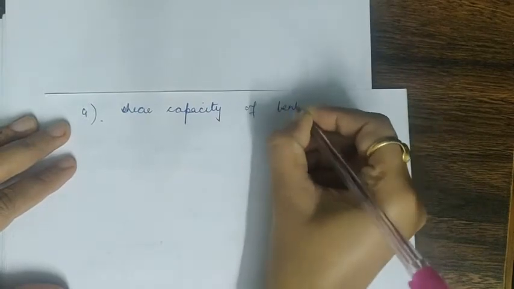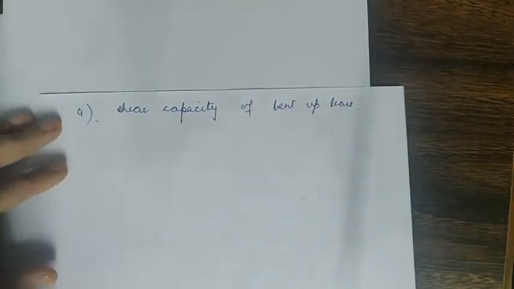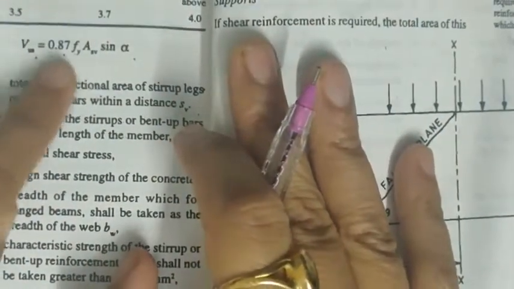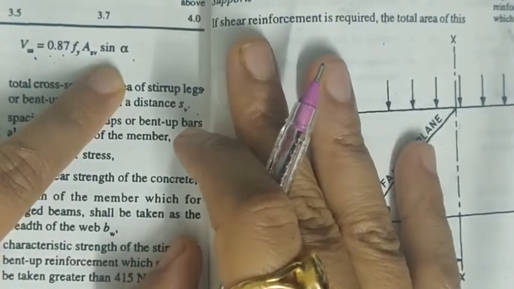of bent up bars. Shear capacity of bent up bars is again given in this clause only. It says that shear capacity, page number 73, is given by this formula. What is the formula? It is 0.87 Fy ASV into sine alpha. Clear?